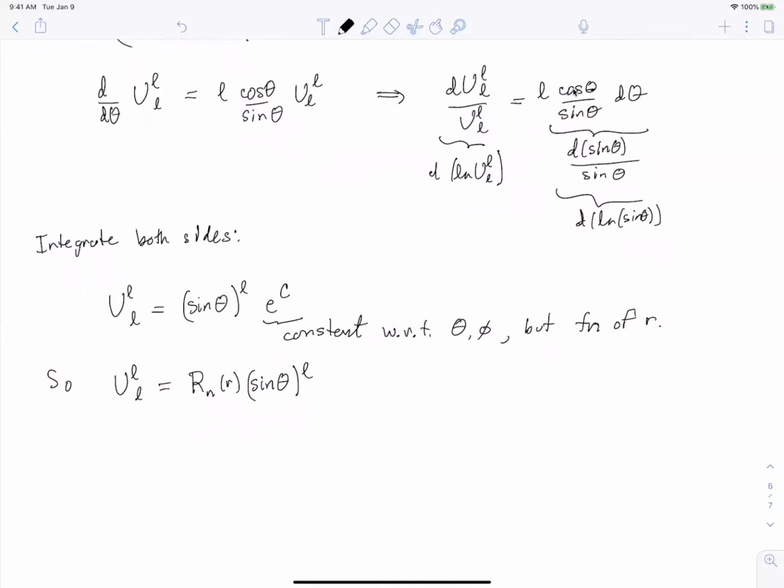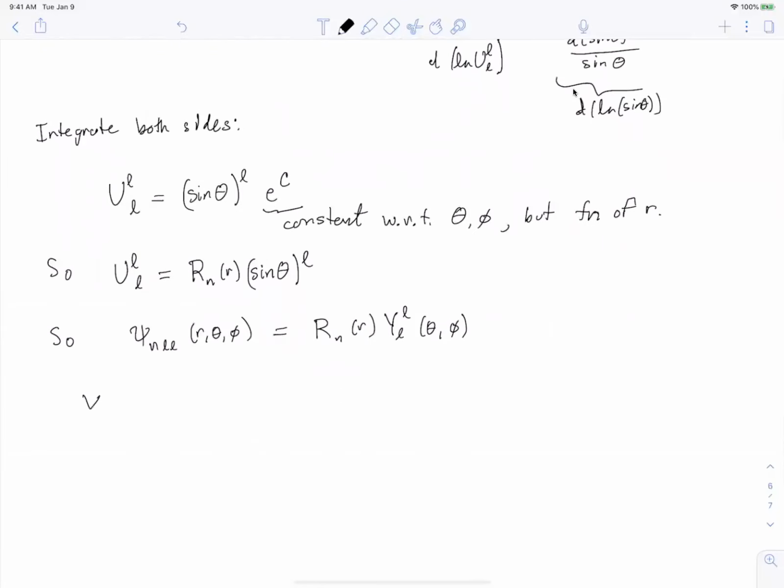All right, and so finally putting everything together, our wave function psi_nLL of r, theta, and phi is a function of r only, as promised before, times Y_LL, which we're now defining. Y_LL of theta and phi we are defining to be a phase factor that's really pretty arbitrary. In fact, not all books use the same phase factor. And then there's a normalization factor that I'll explain next time where this comes from.